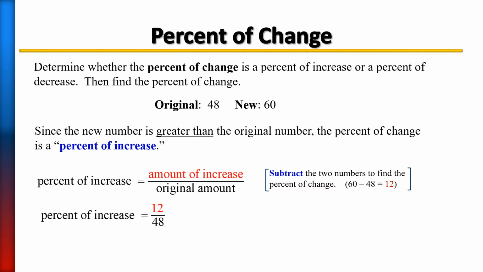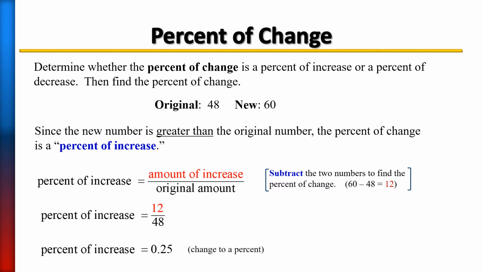And then to find that percent of increase, all we need to do is convert it from a fraction to a decimal, and then from a decimal to a percent. Building on our knowledge from the previous section, to find the decimal, just divide the top by the bottom, 12 divided by 48.